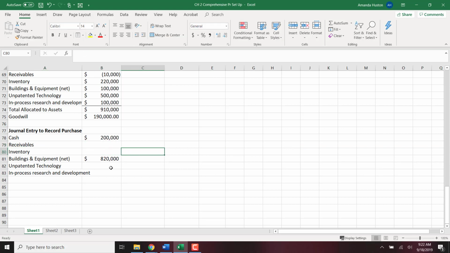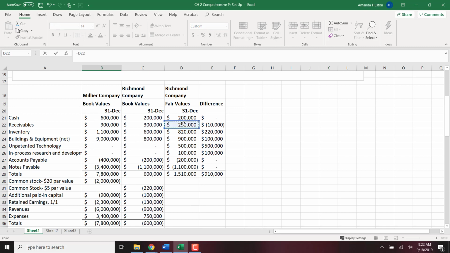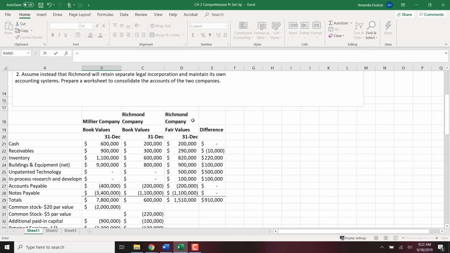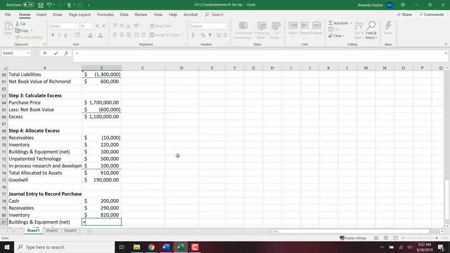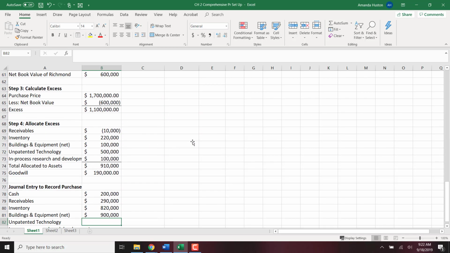I'm going to delete these. So receivables is 290 from fair value. Inventory, I'm just going to go one by one, is 820. Buildings net fair value is 900,000.